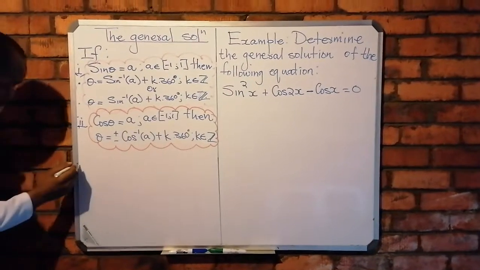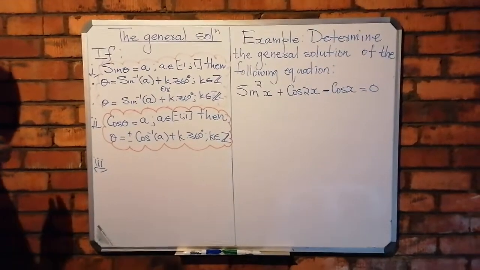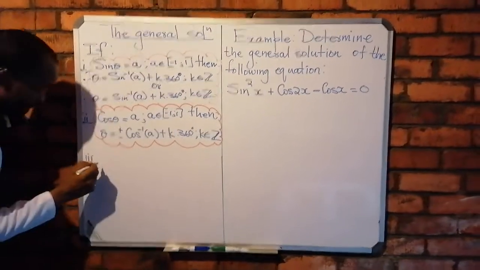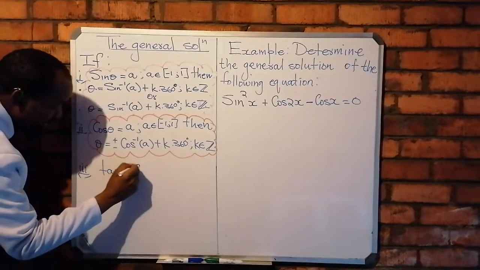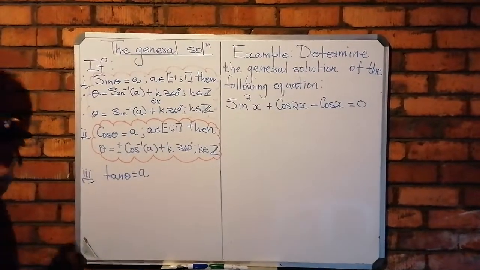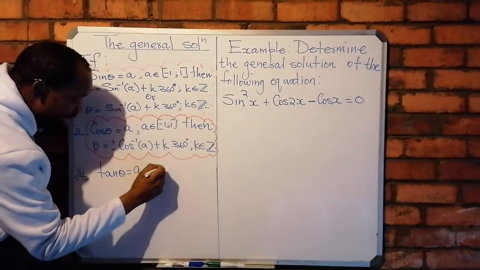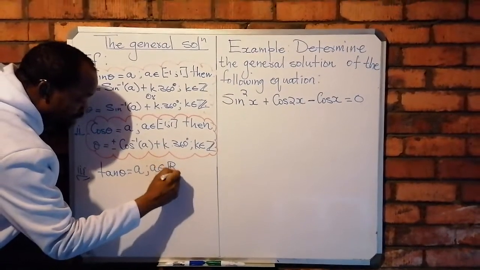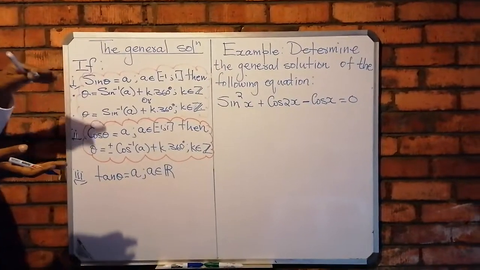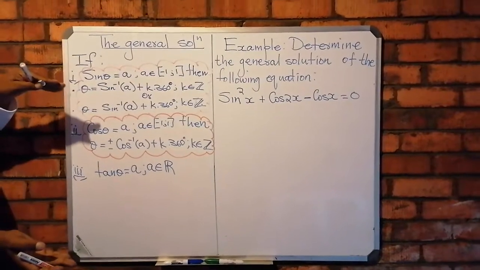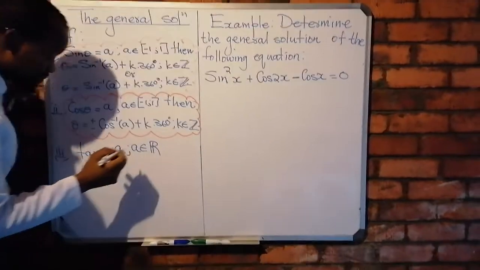Condition number 3, what if we are not dealing with cos, we are not dealing with sine, but now we are dealing with tangent theta, which is equal to a ratio. Remember the shape of tangent graph. A is an element of real numbers. Now in this case, because the tangent graph is not bounded, it does not have minimum and maximum unless you restrict it.